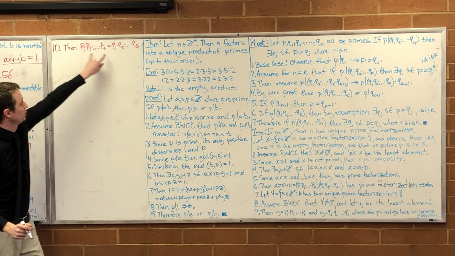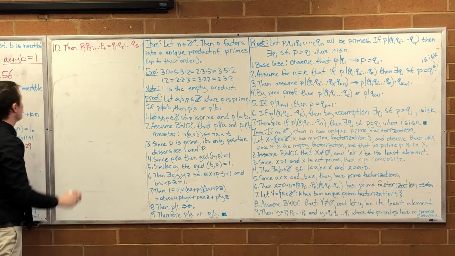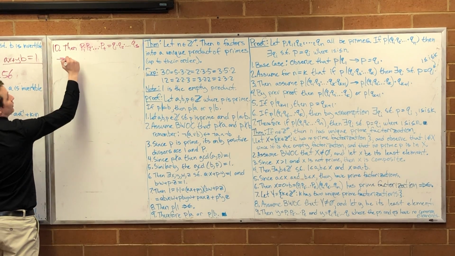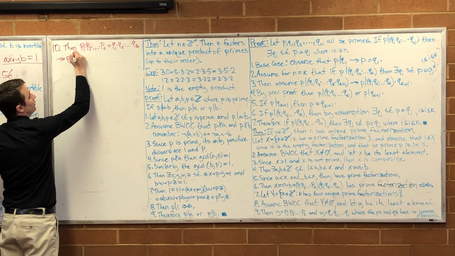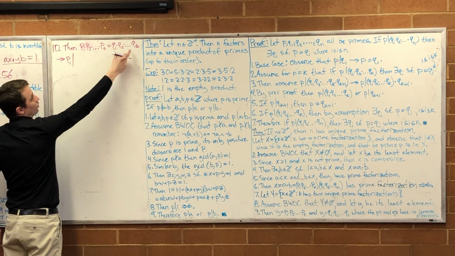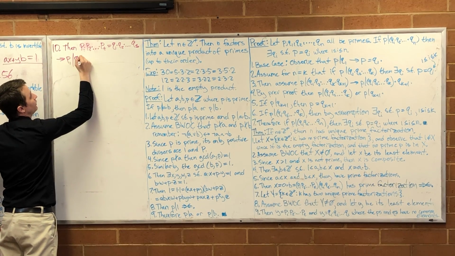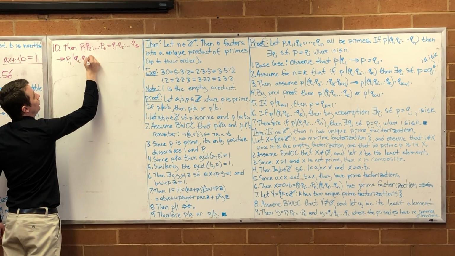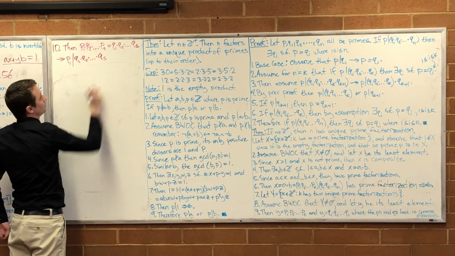Right? Because this is equal to y and this is equal to y. So these are both equal. So that gives me that P1, I can pick any one I want, but P1 divides this product. P1 times an integer equals this thing, therefore P1 divides Q1 times Q2 times dot dot dot times QS.